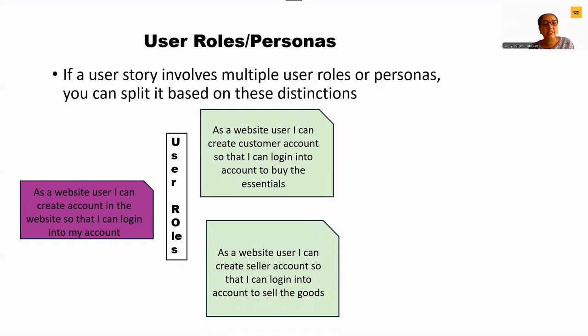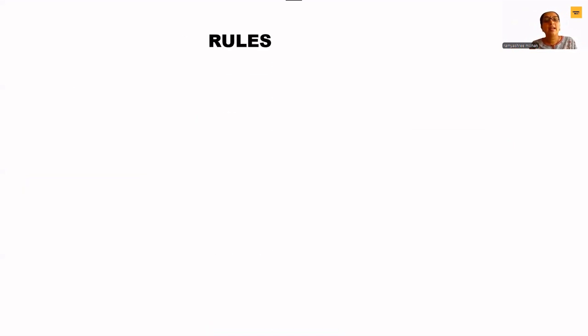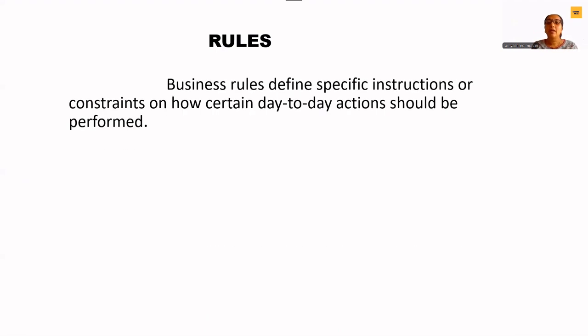So as a website user, I can create a seller account so that I can log in to the account, and I can sell my products. As a registered user of the website, I can use a membership discount so that I can buy the goods which are on discount, right? These are the different kinds of user roles that we are allowing in the Lazada application.